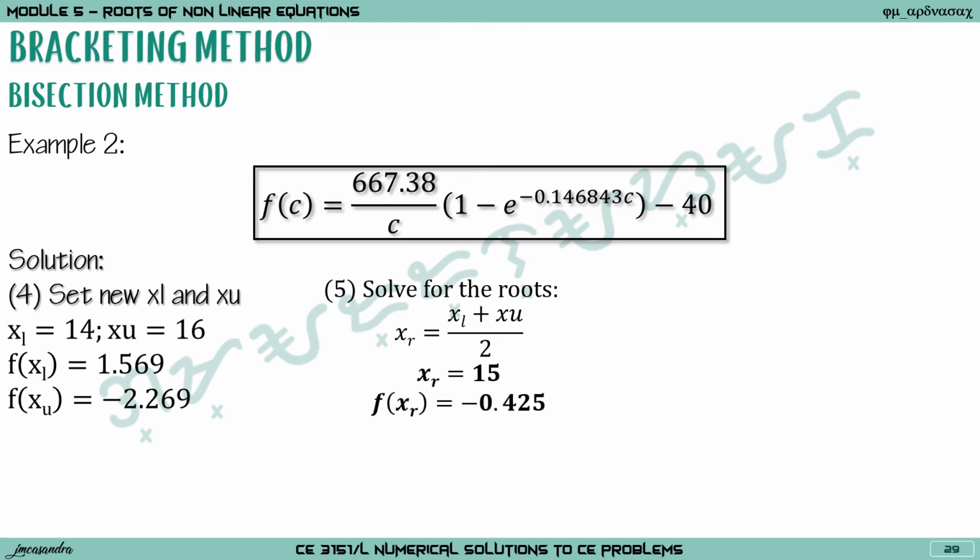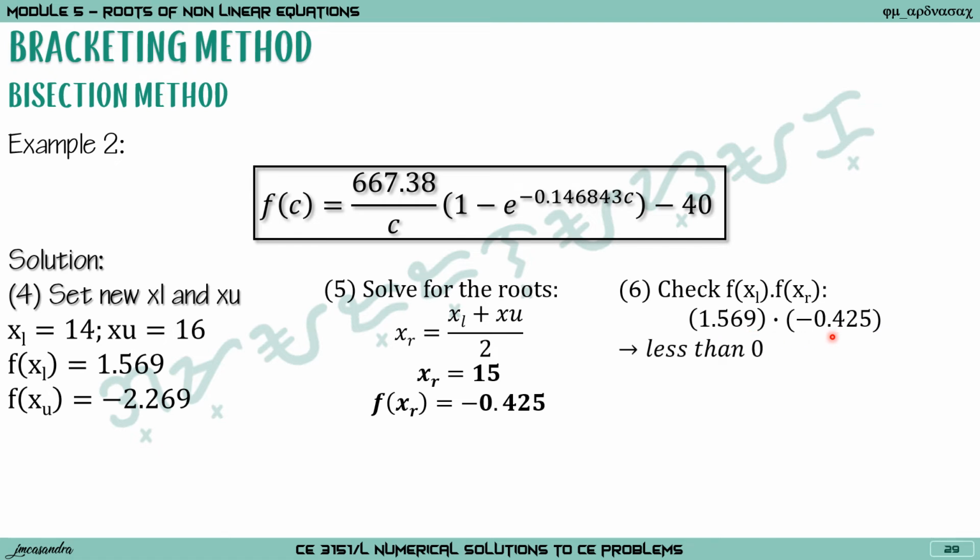The next step, compute for the function of xr and check if the function of xl times the function of xr, which is 1.569 times negative 0.425, is less than, greater than, or equal to 0. So positive times negative is negative, meaning it is less than 0. Therefore, the root lies between xl and xr.